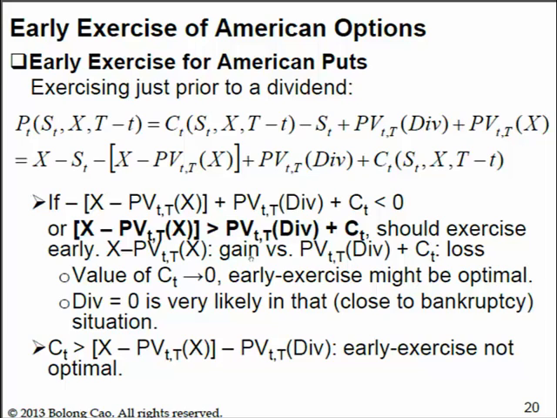You give that up. So if the gain from receiving the strike price early outweighs the dividend you can receive and the call option value, you should exercise your American put now, not wait until expiration.